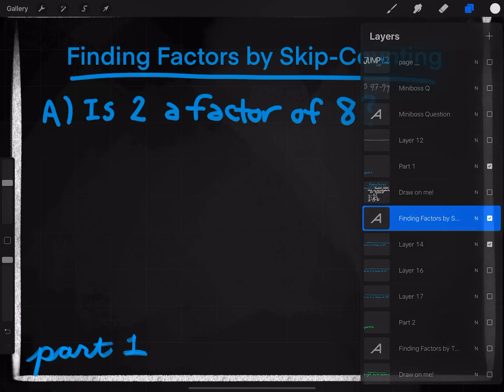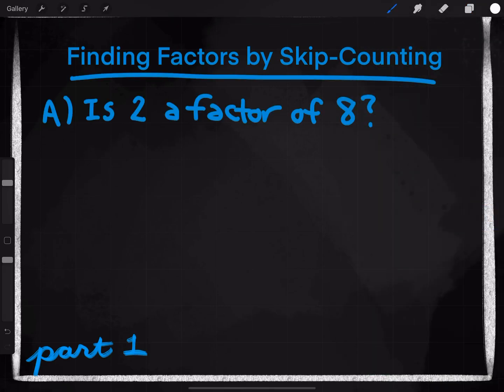So here we have finding factors by skip counting as our first method. So if you want to know is 2 a factor of 8, you can skip count by 2's to find that out.